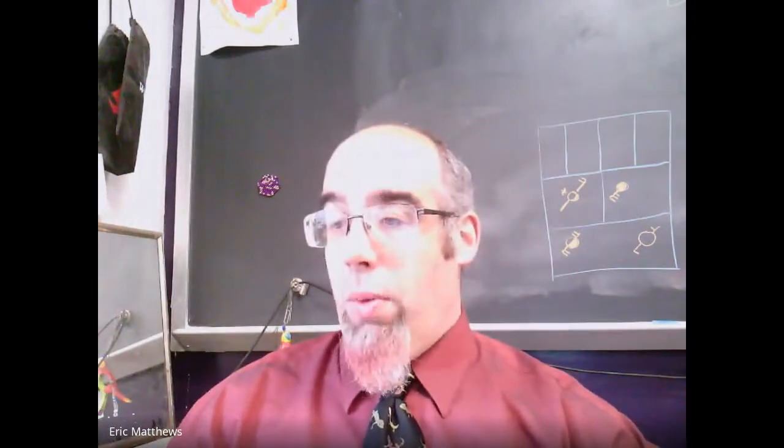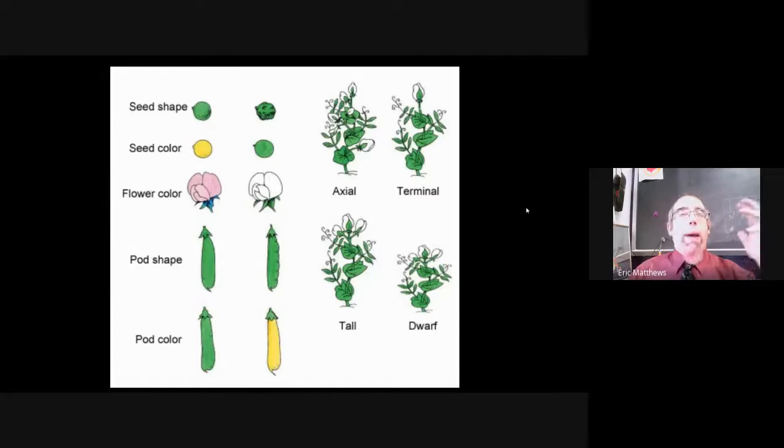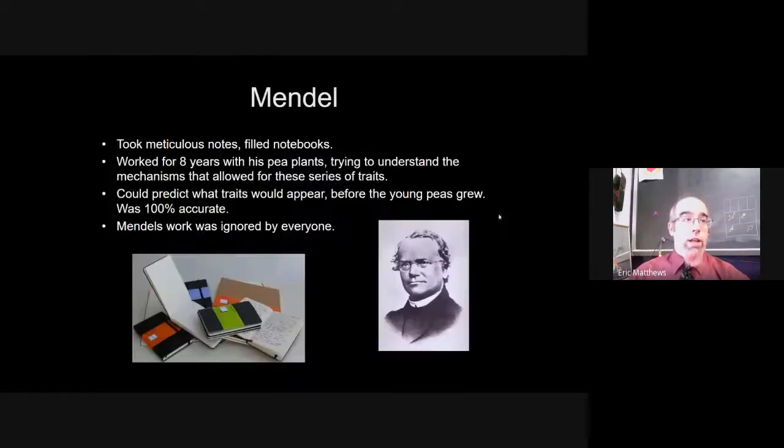Now, that's all well and good, but it doesn't mean much unless you can actually prove it. Now, at this point in history, we were looking for how inheritance worked. We were looking for how we pass traits on and what's the rule governing it. And nobody had the answer. Nobody did.